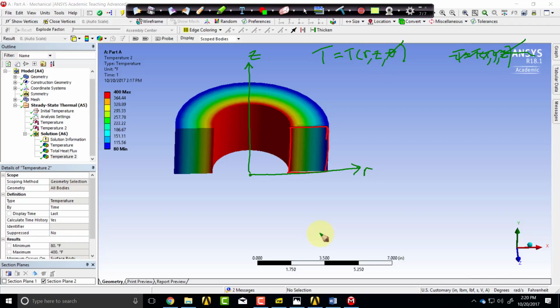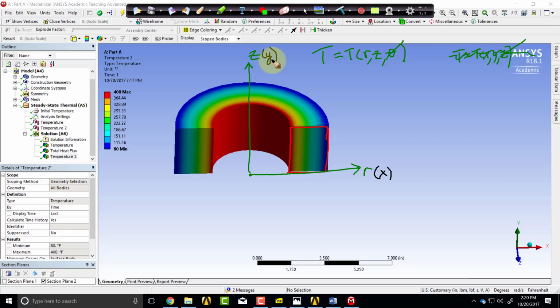And one thing to keep in mind is that ANSYS still says the horizontal coordinate is X. So once you switch to axisymmetric, you have to mentally substitute that the horizontal coordinate, even though it's called X, is radial, and the vertical coordinate is axial, even though ANSYS calls it Y. So you have to do that mental substitution.